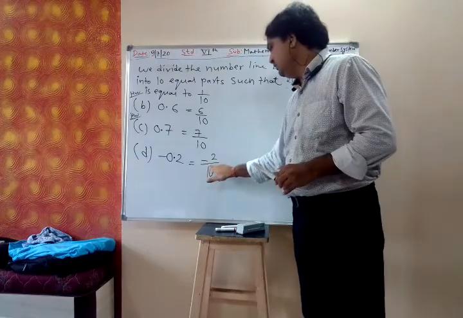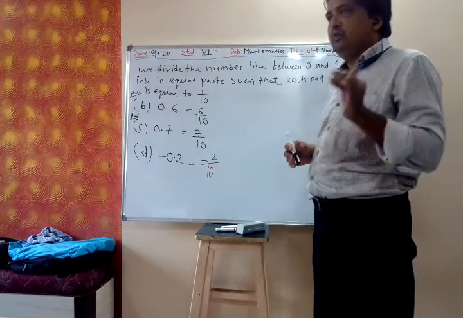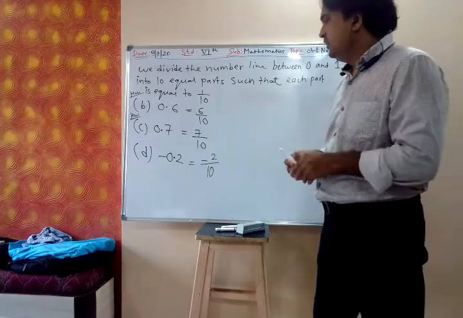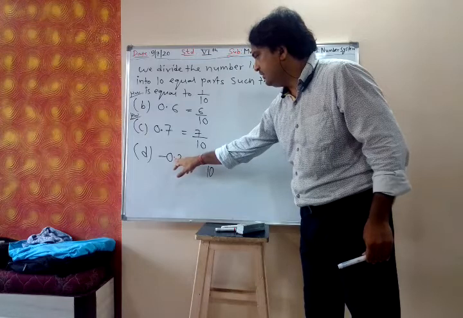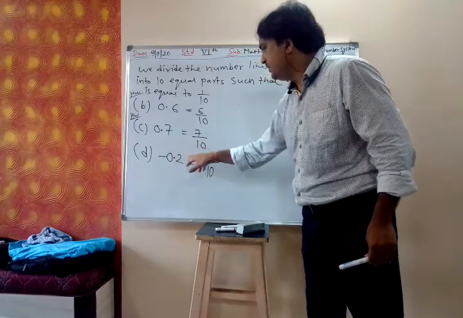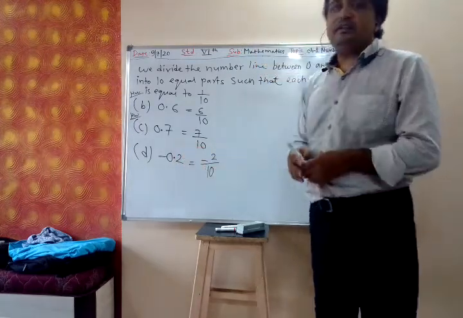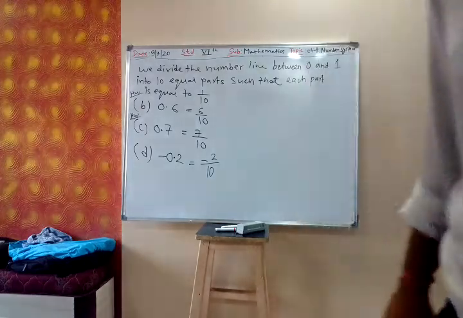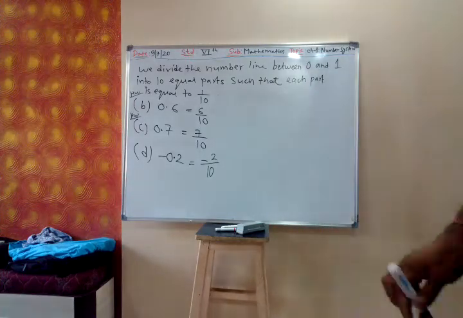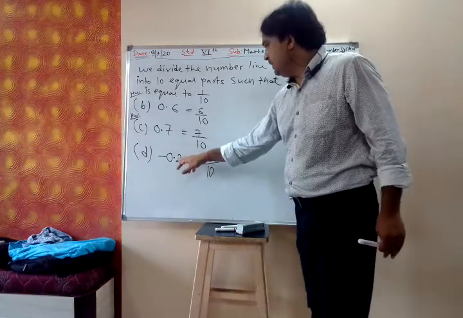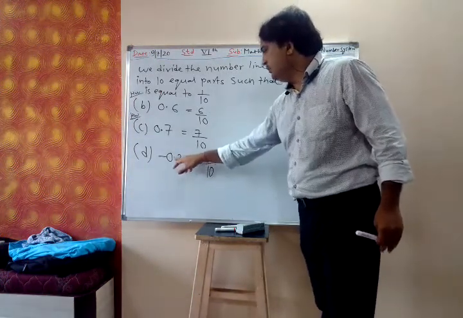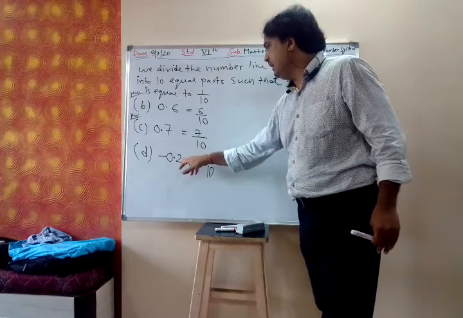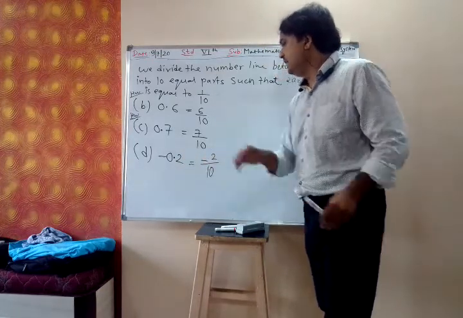Are you following? Because see, after the decimal there are how many digits? One. So I will remove the decimal, so it will be minus 2 upon 10.